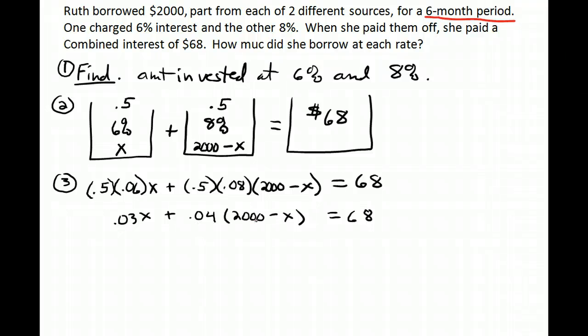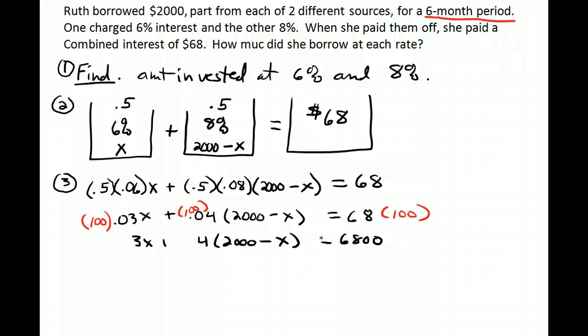So at this point, I could multiply and clear the parentheses, or I can just go ahead first and multiply through by 100, all the way through, and that will move my decimal points over 2 places. So I have 3x plus 4 times this quantity equals 6,800. Now I'm going to finish solving this.